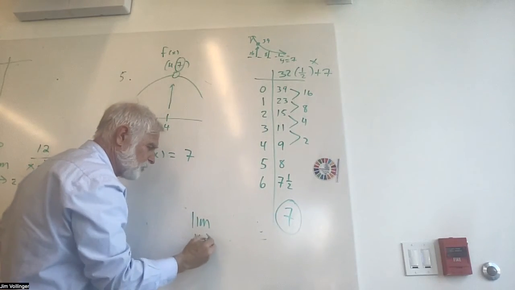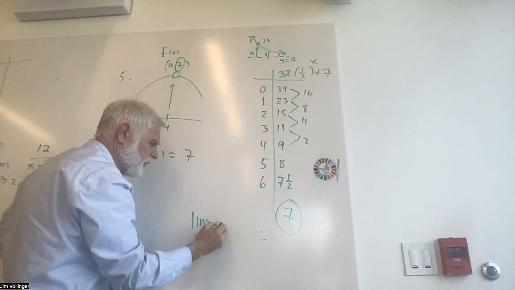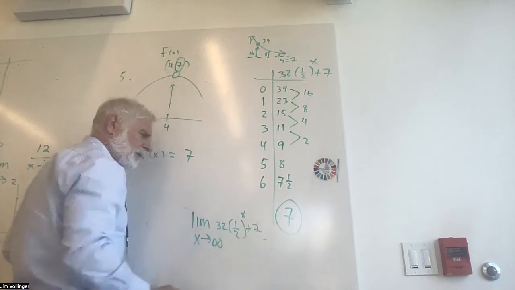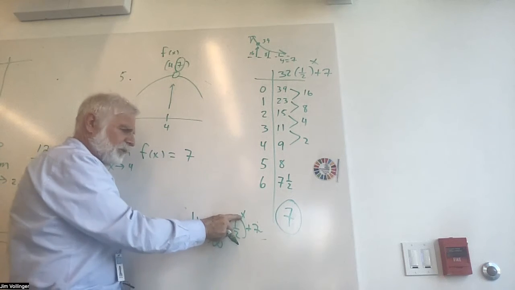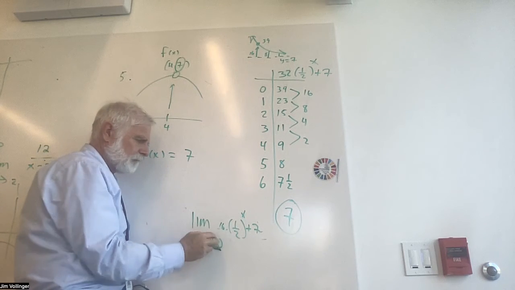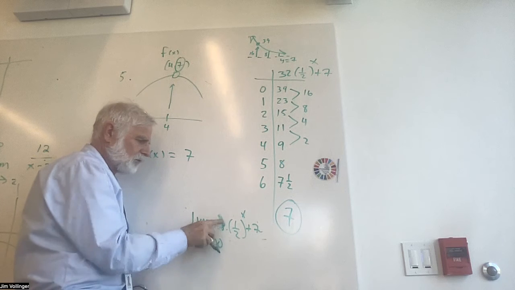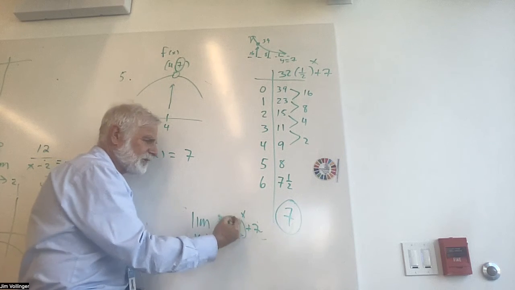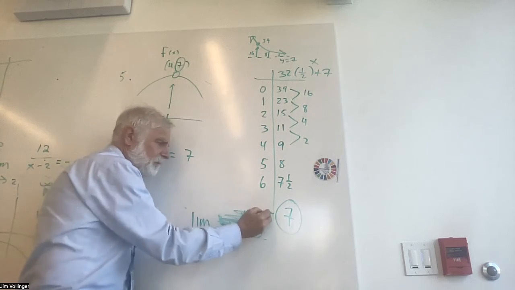So the limit as x goes to infinity of 32 (1/2)^x + 7: as x gets bigger and bigger, what happens to 32? It goes to 16, goes to 8, goes to 4, goes to 2. It's disappearing. What isn't disappearing? The value 7.